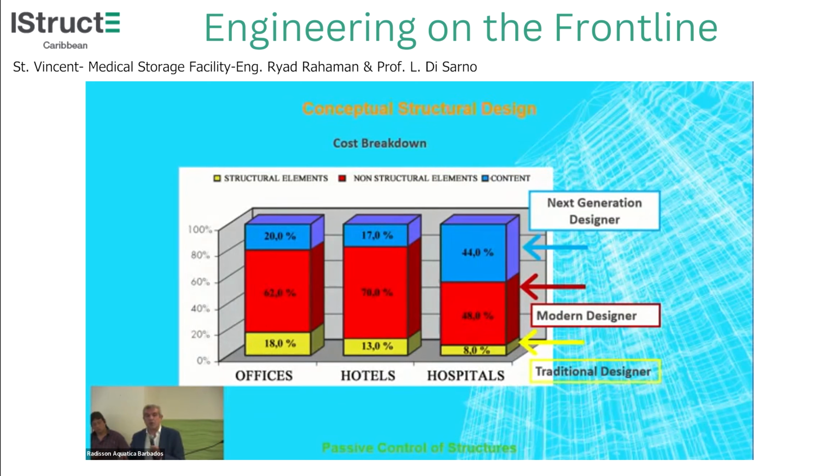Firstly, let's consider offices. There are 3 aspects to be considered here, and this is connected to what I just mentioned. Why? Structural elements. For this type of system, the cost is roughly 20%. The remaining part is 62%, and this remaining part is non-structural elements. And we have also the interiors that here count for nearly 20%.